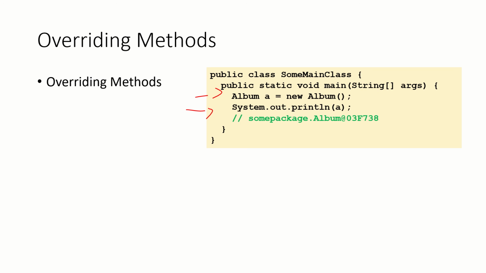Unfortunately, you can't. Even though you know the album title, artist, and the sale, it doesn't mean they can print exactly what you want. The result will be something like this. This is an address in memory, but not the description of this album. How can we print what we need using the object reference?